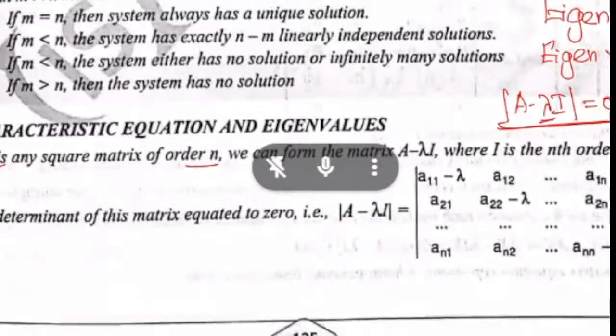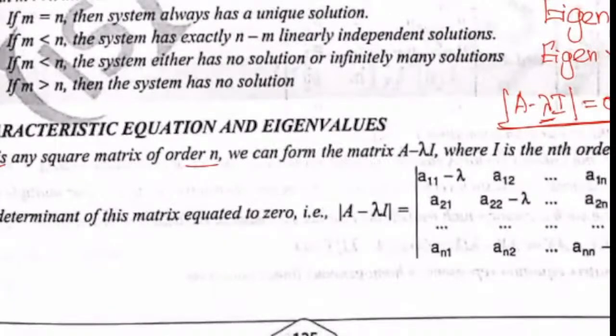For any square matrix of order n, we can form the matrix A minus lambda I. If the determinant of A minus lambda I is equal to 0, this is called the characteristic equation. Here lambda is called the eigenvalue of the matrix A.